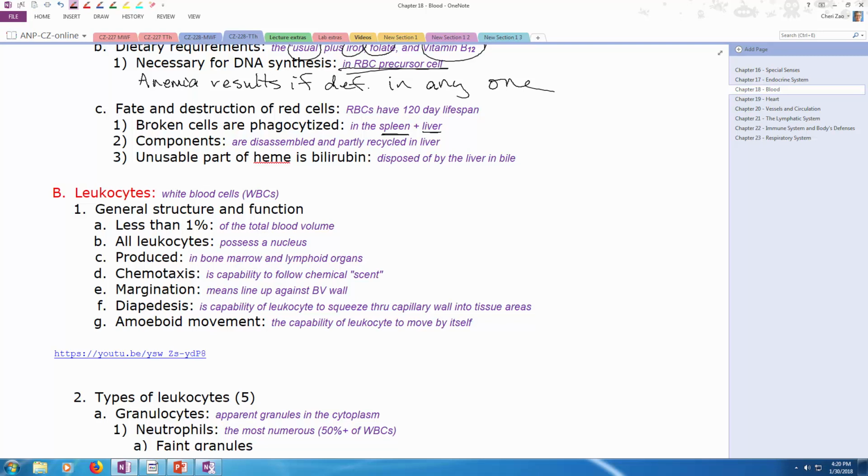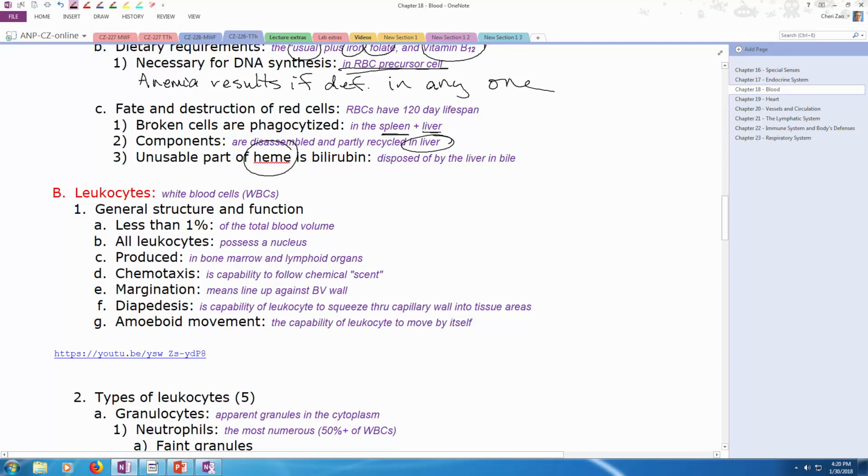The various components of the red blood cells are disassembled, and if there's anything we can recycle, we do, and we do so in the liver. So we don't actually throw away everything. We actually take what we can, reuse it. Unless you're actually heme. And we cannot recycle heme ourselves.